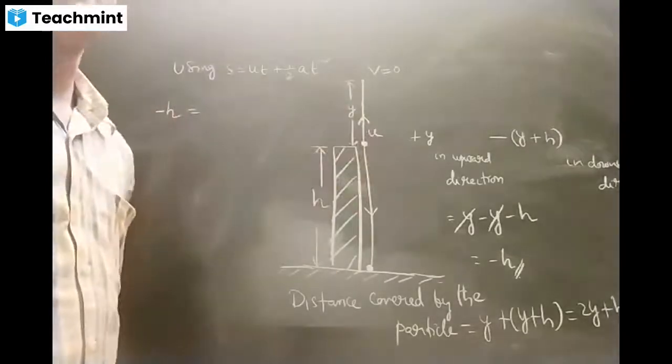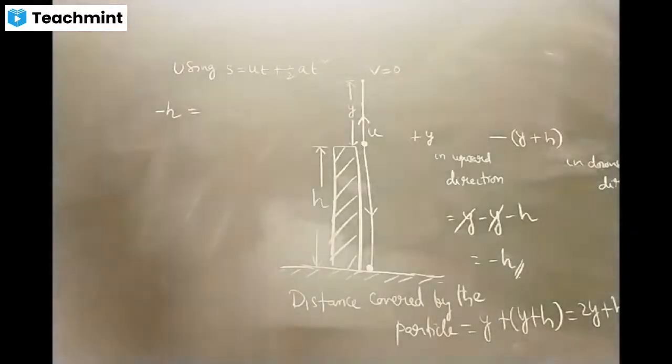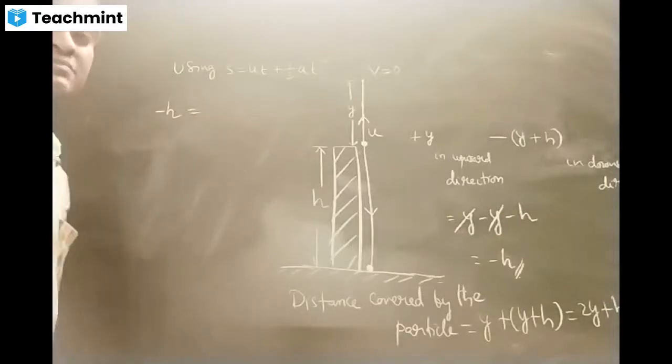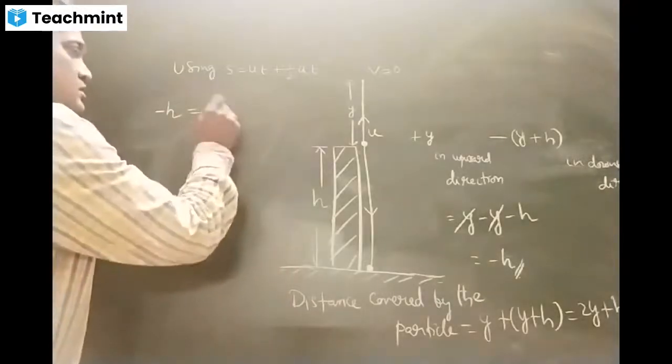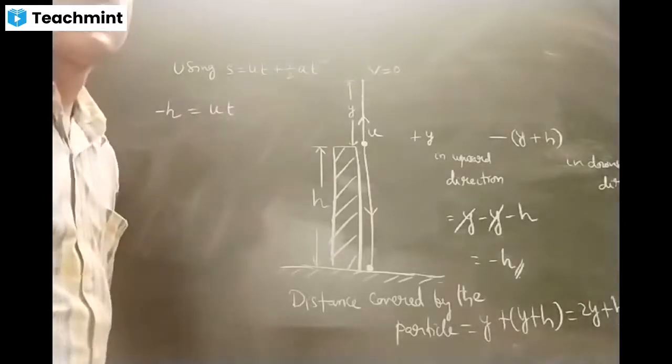Now is u positive or negative? Positive, because the upward direction is taken as positive. So let me write u into t. T is always positive. Time is always positive.